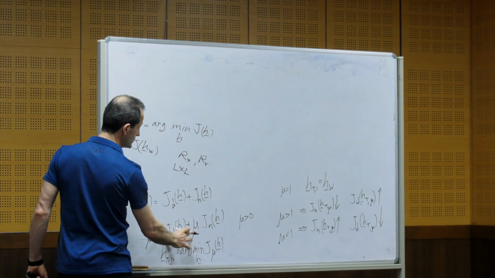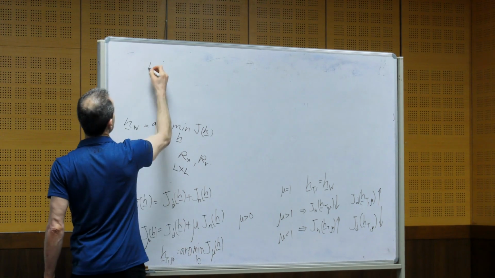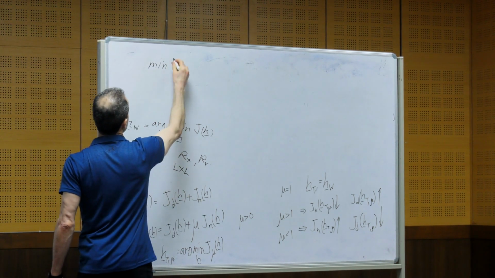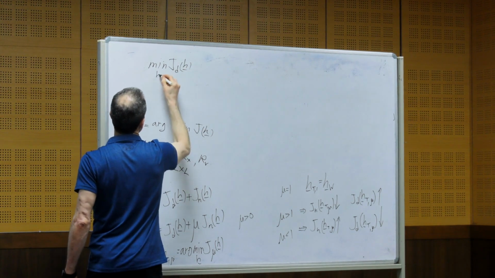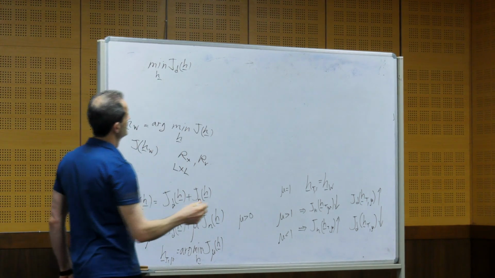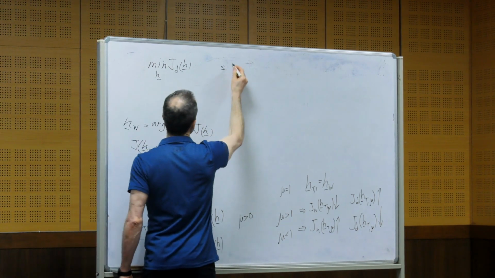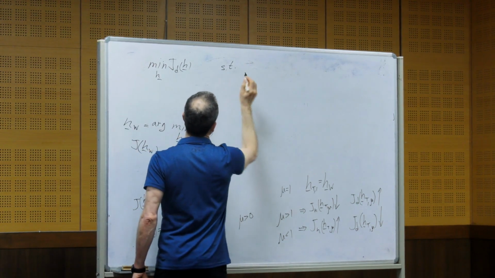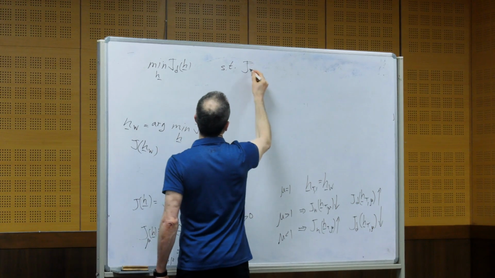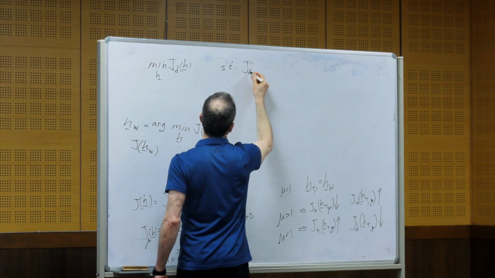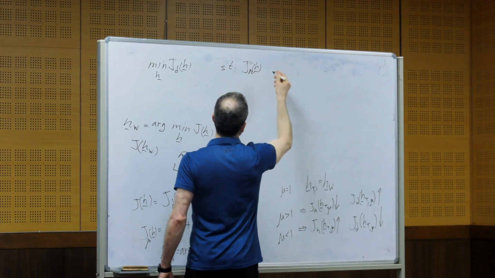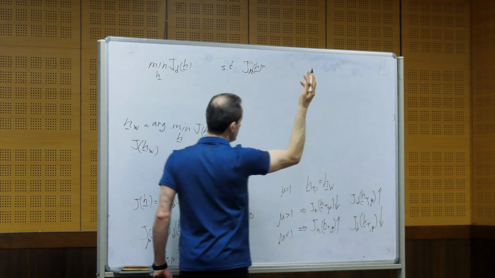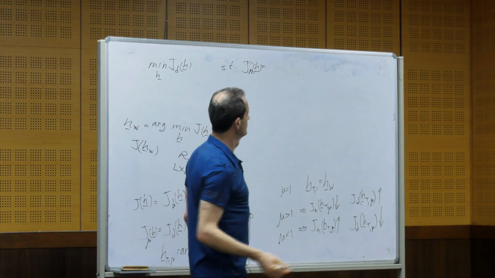Suppose that we want to minimize J_d(h) subject to J_n(h) equals some value.